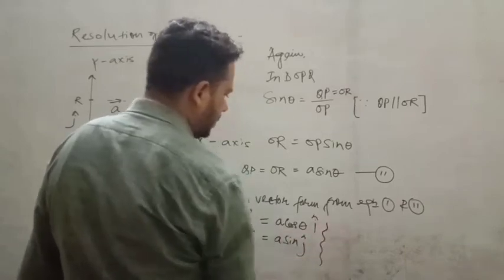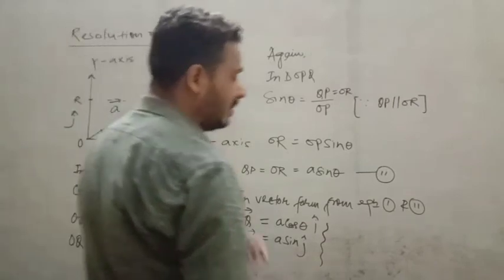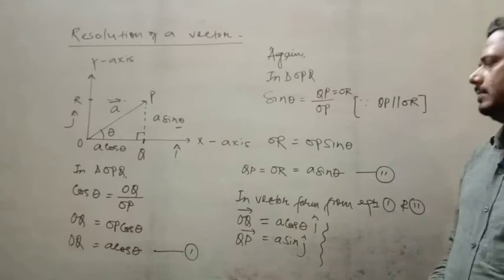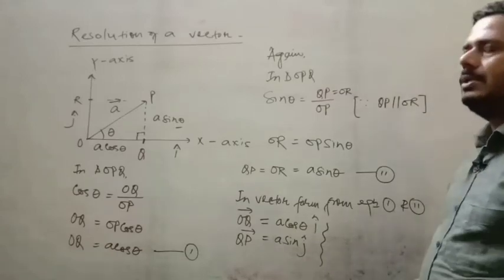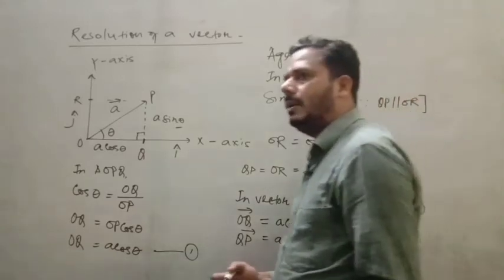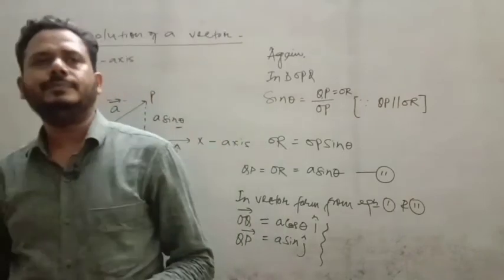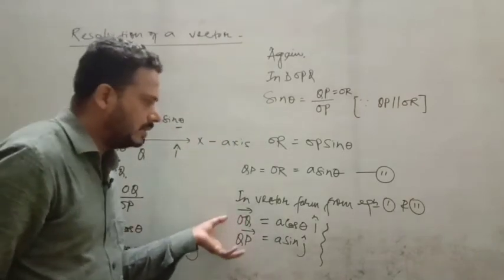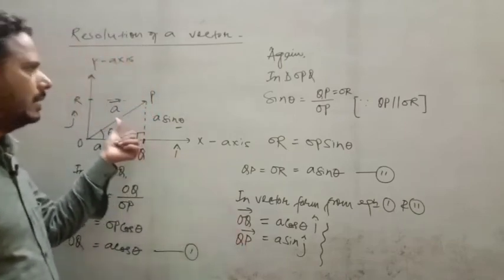So right now this one is in vector format, and this is called the component of a vector. But according to the definition, we have seen already that these together with this vector give a single vector A.